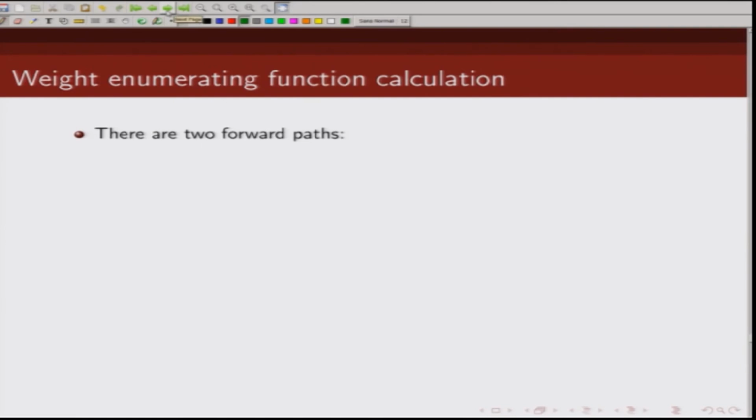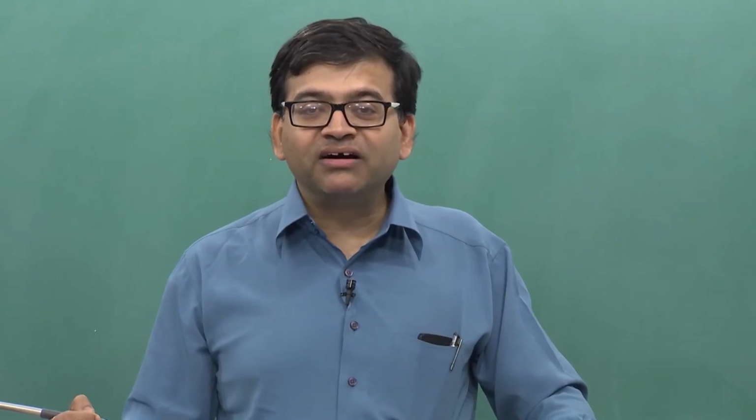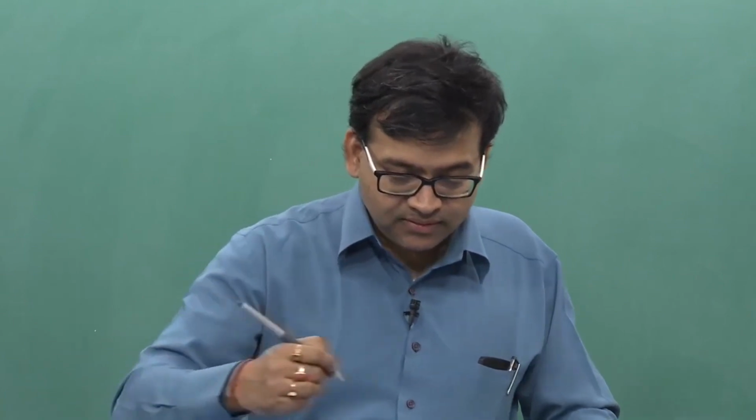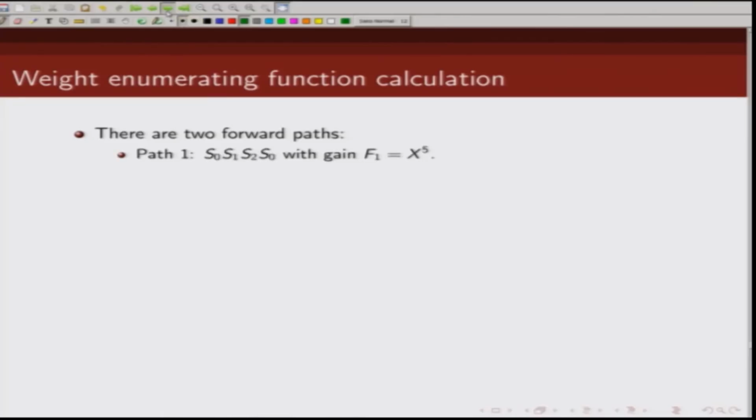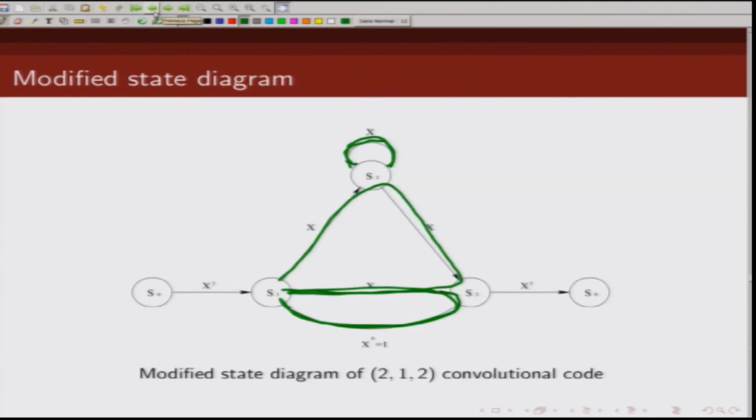Next, we are going to find out what are the forward paths. So, there are 2 forward paths in this, and we are going to show you. Let us use a different color pen, a red color pen. Remember, what is a forward path?